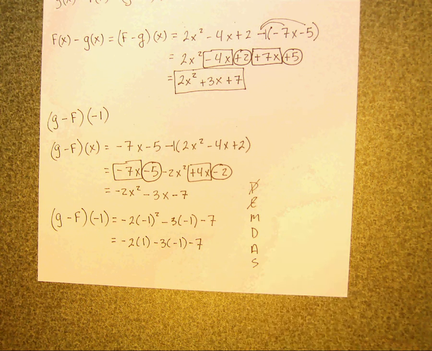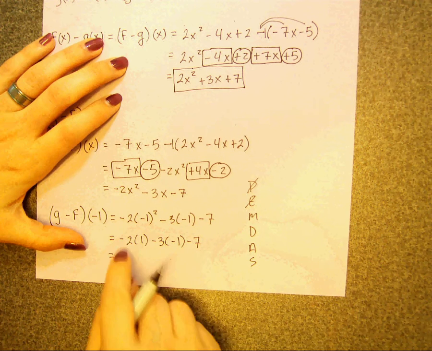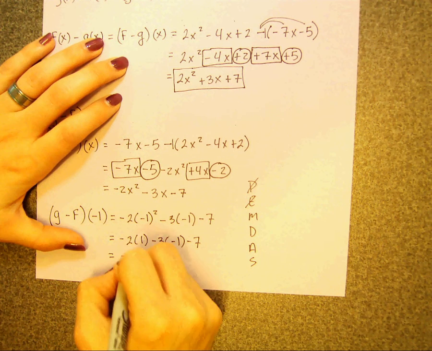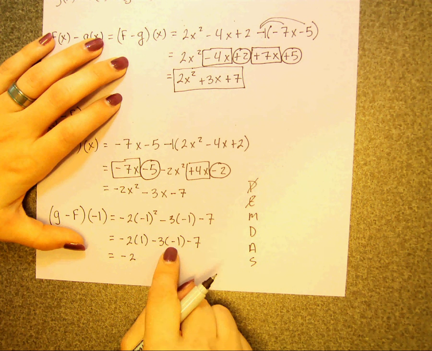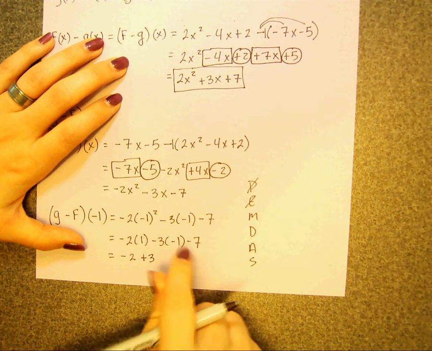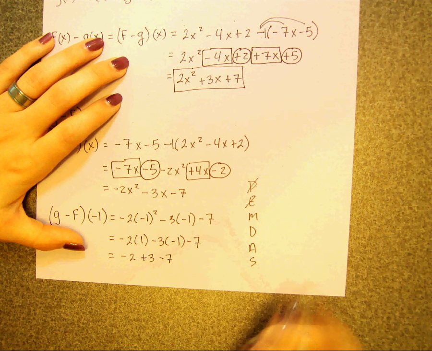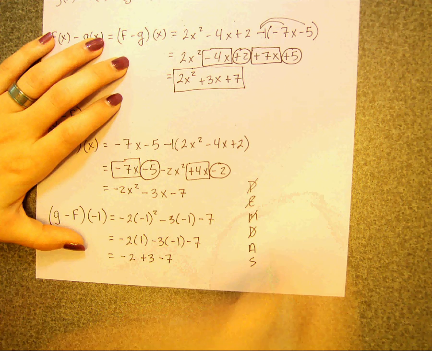Done with my exponents. Then multiplication. I have negative 2 times 1, which gives me negative 2. Negative 3 times negative 1, a negative times a negative gives me a positive. And then my minus 7. So I'm done with multiplication. Looking through my problem, I don't have any division.